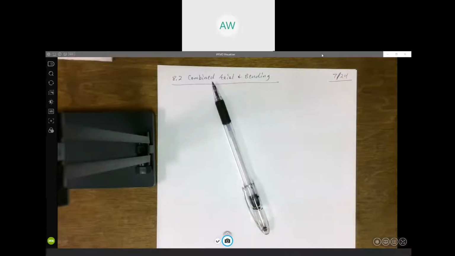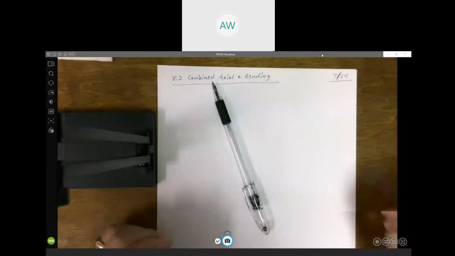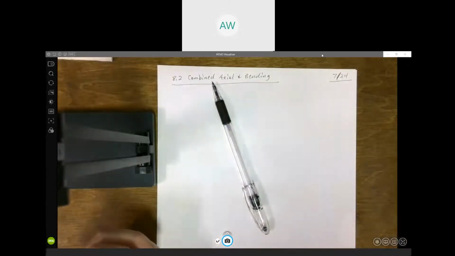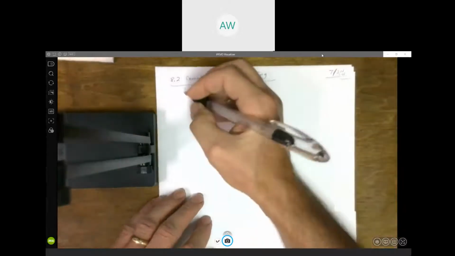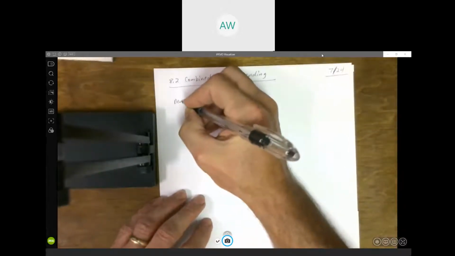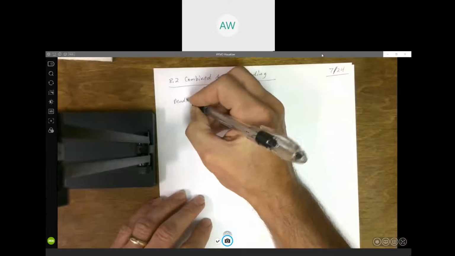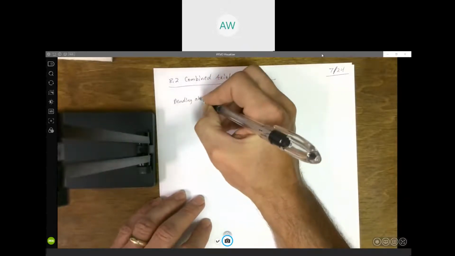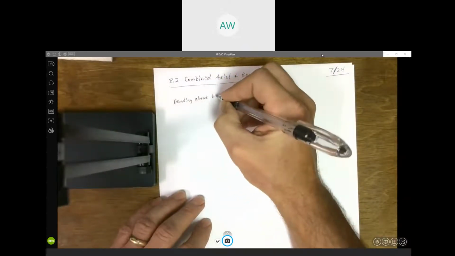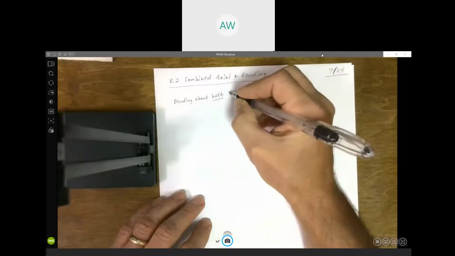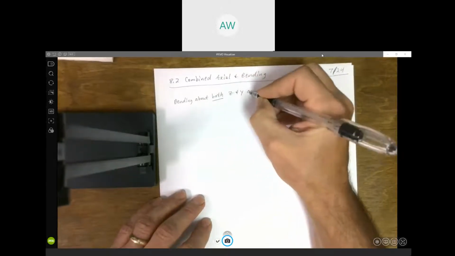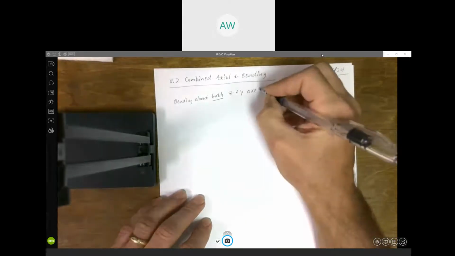What we're going to do today is talk about bending about both the z and the y axes.